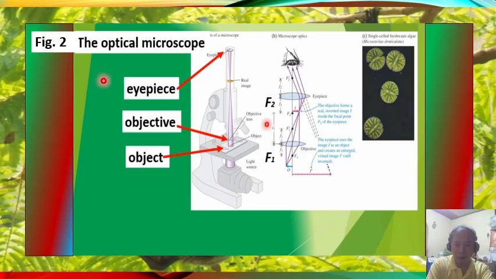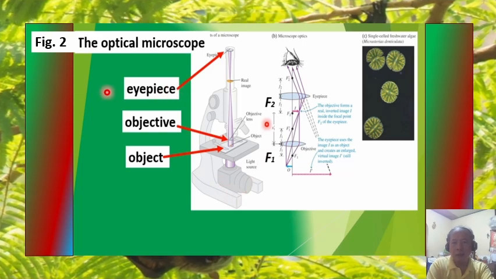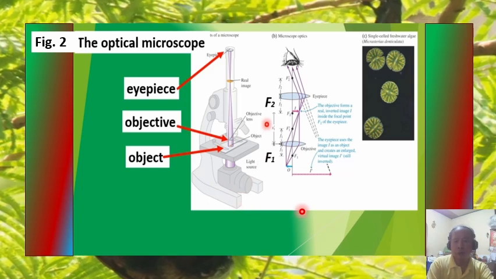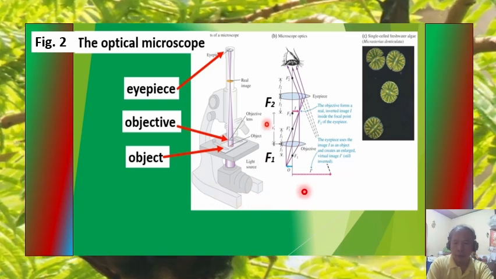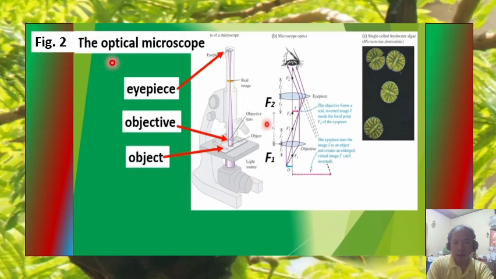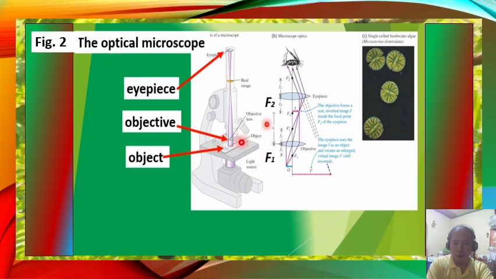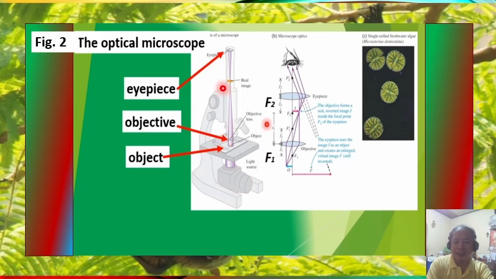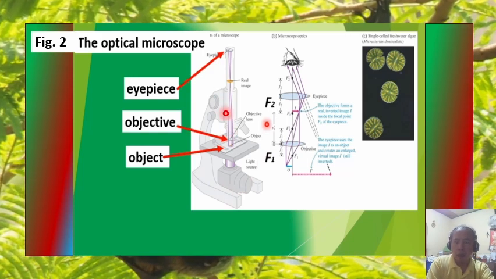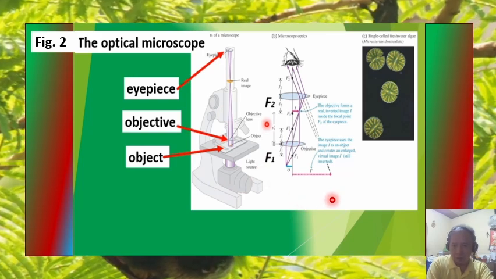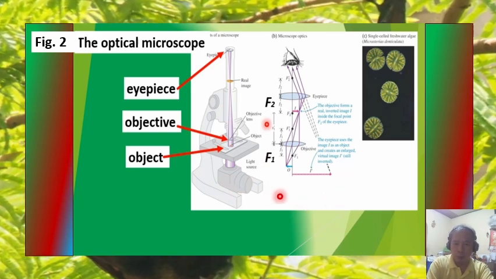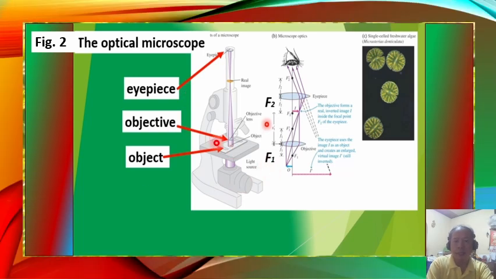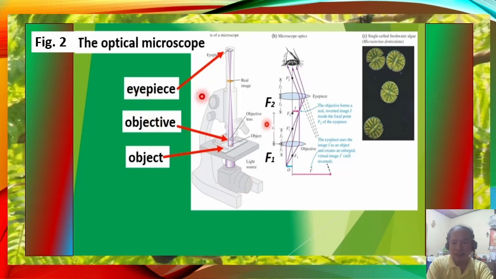So once again, we emphasize that the compound microscope, more commonly used in laboratories, is in fact an optical microscope consisting of two or more lenses that are both converging, right? So in a typical compound microscope, we have two lenses, the objective lens, right, and the eyepiece.